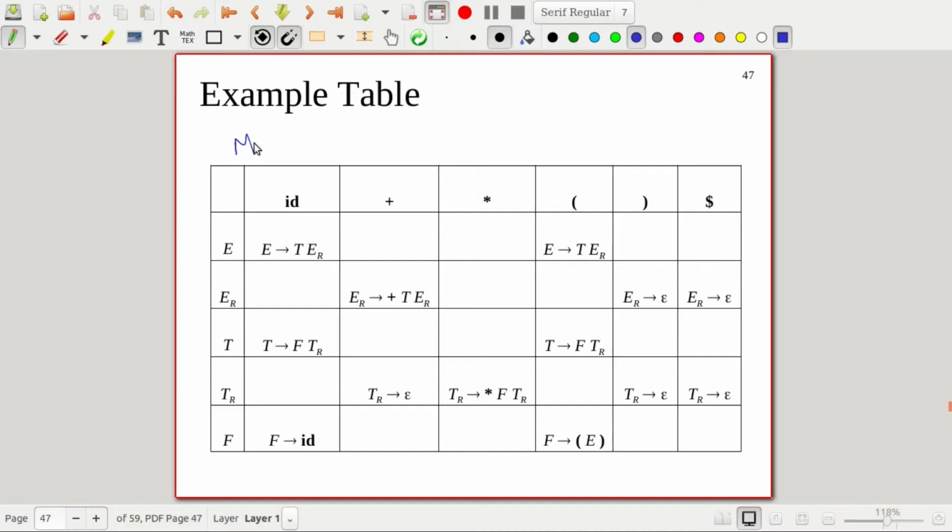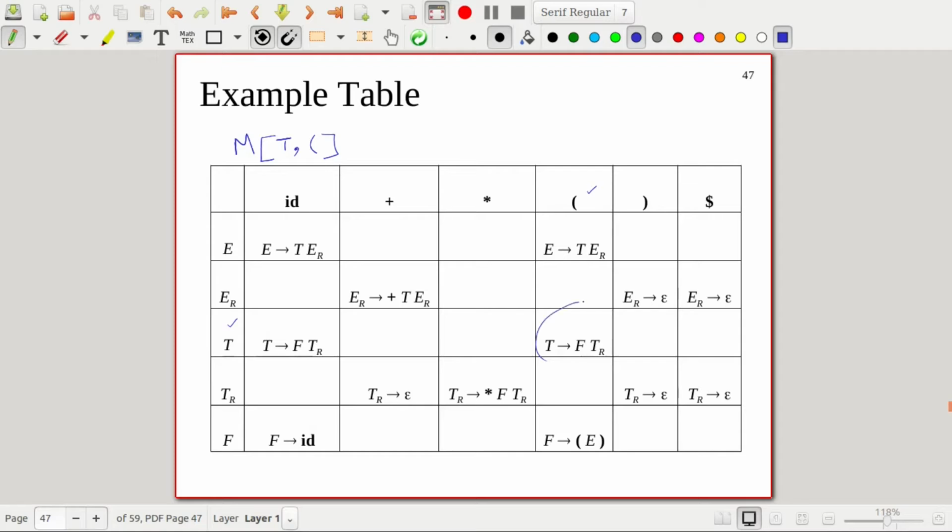To access a particular entry within this table, for example M[T, (], one index is this T and the other, the column index, is the left parenthesis.